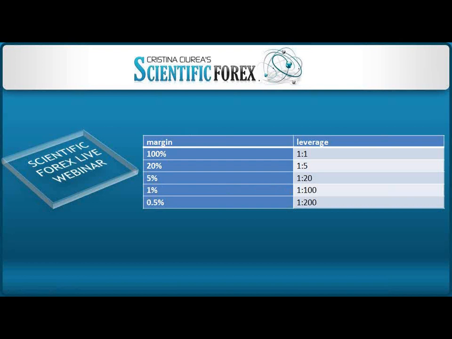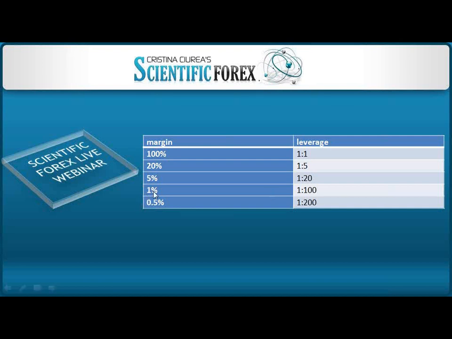But again, this is related to the broker that you choose, and you can find in the contract with them the exact margin, the exact guarantee you have to put for the investment that you are making, for the trades that you are doing through that platform.